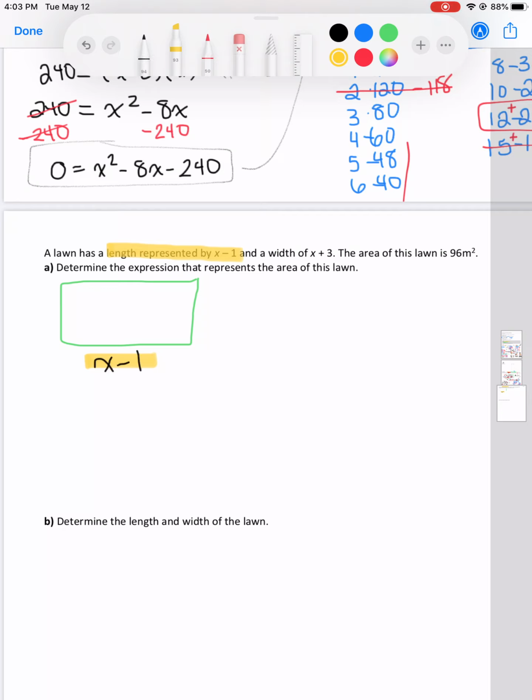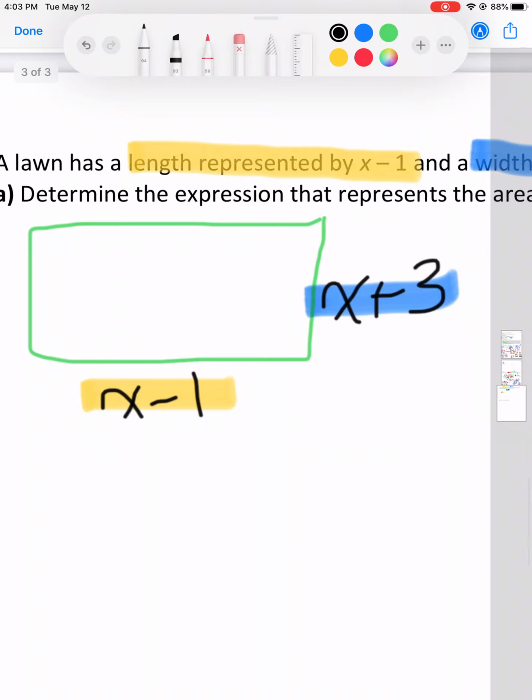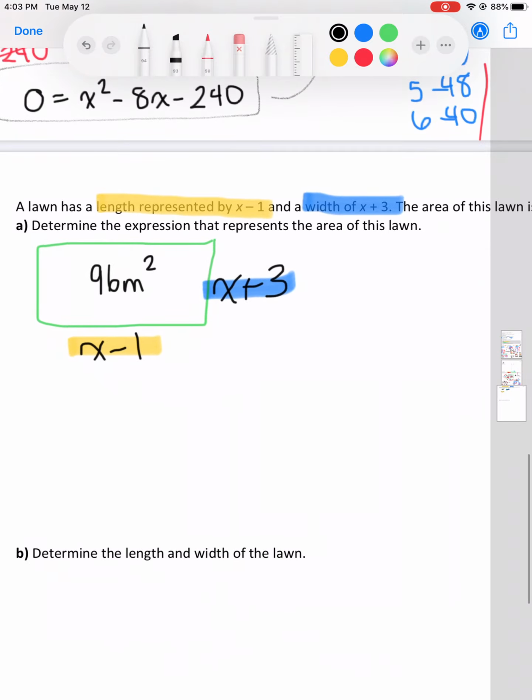And a width of x plus 3. The area of the lawn is 96 meters squared.